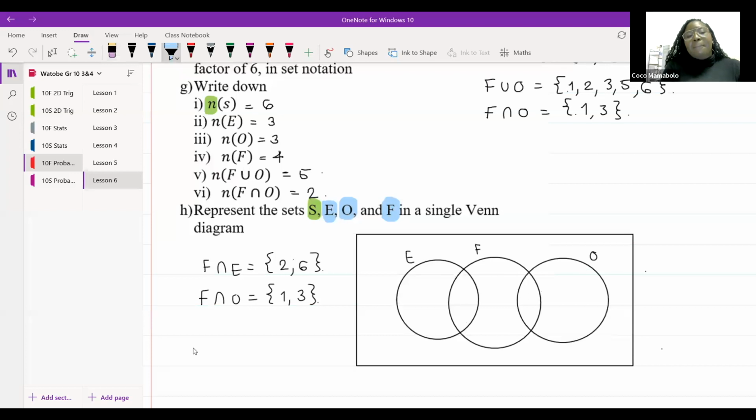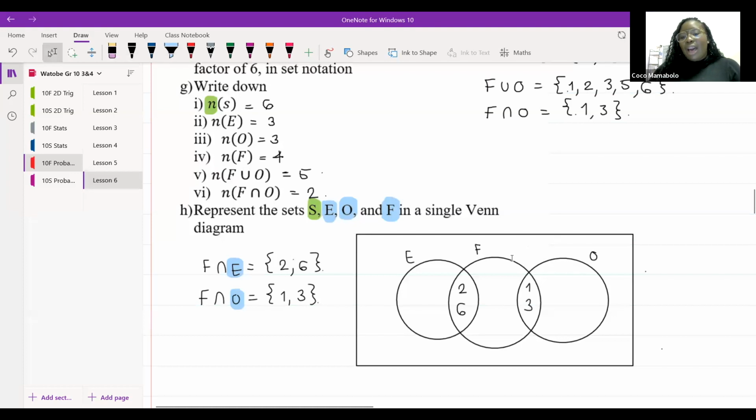Correct. Because F has an intersection with E and with O, it makes sense that I would put it in the middle. So the intersection of F and E is 2 and 6, and the intersection of F and O is 1 and 3.